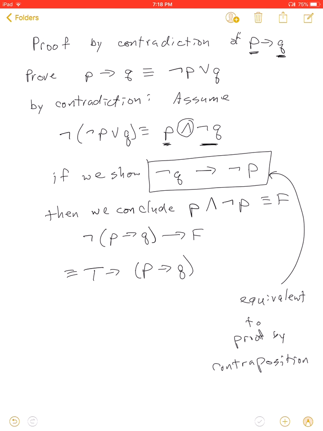Now, we didn't have to conclude the negation of P and then compare it to P. We could have come up with a different contradiction, but it is pretty common that if we're going to prove an implication by contradiction, we will end up doing a proof by contraposition inside of it, as I have shown.